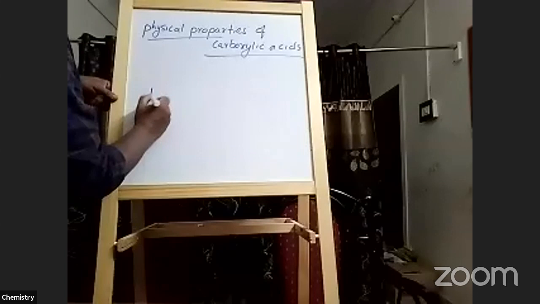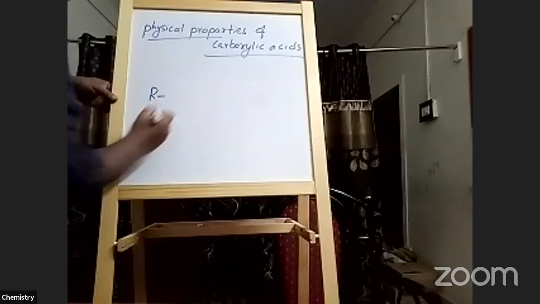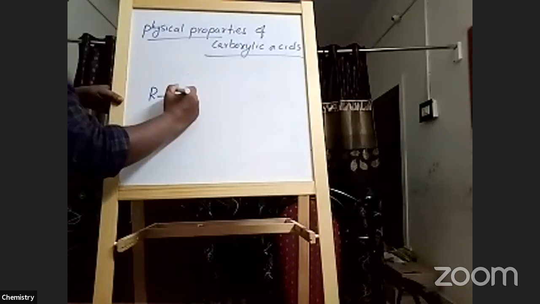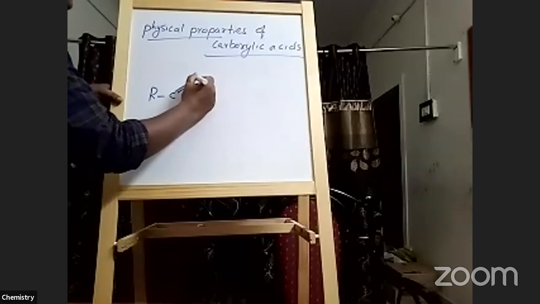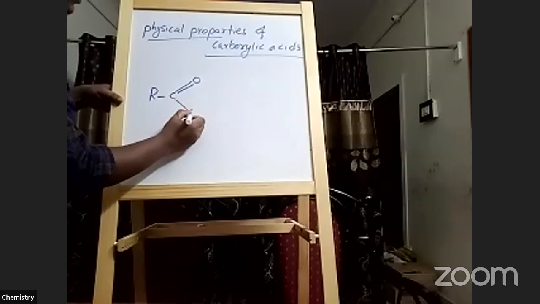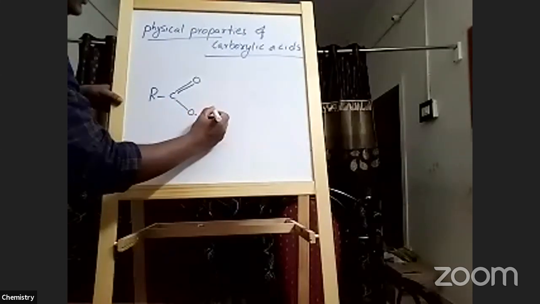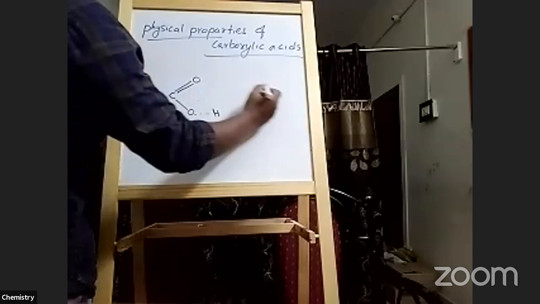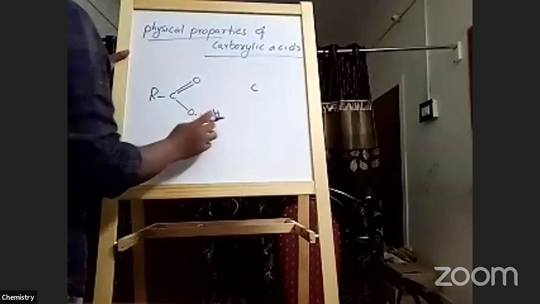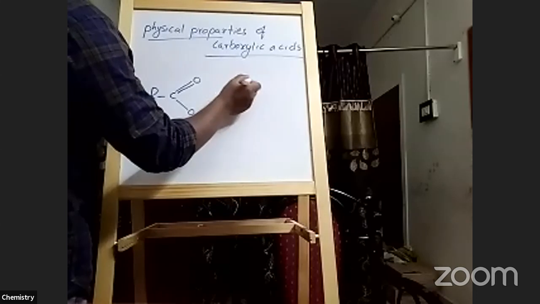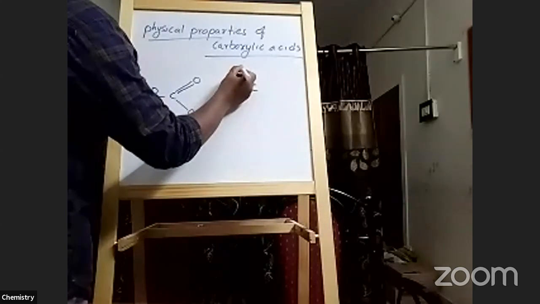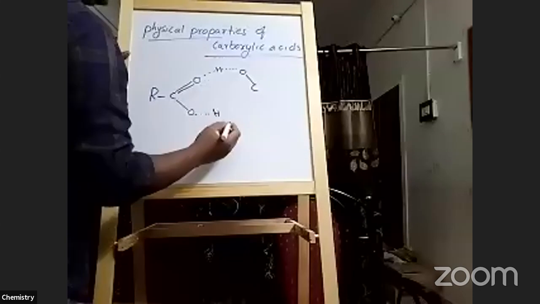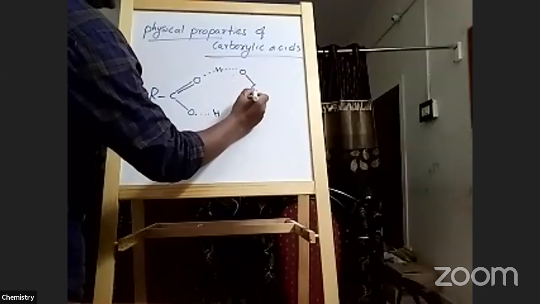Take the carboxylic acid with R, then C, with one side C double bond O and the other side O-H. Then the second molecule is drawn the same way, with the hydrogen between the oxygens bonding across, and oxygen here.